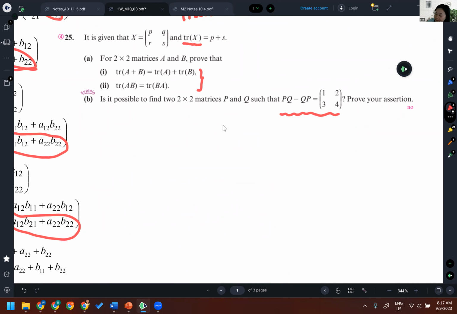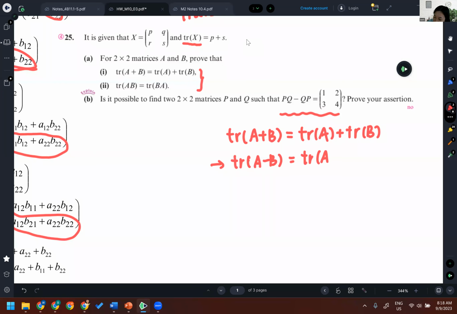Now since we know trace of A plus B equal trace A plus trace B, I want you to think about if trace of A minus B equal trace A minus trace B. I don't think this is very difficult to prove.